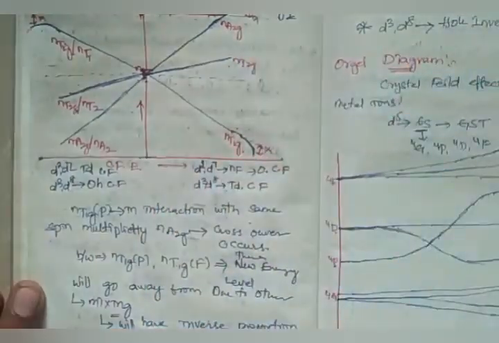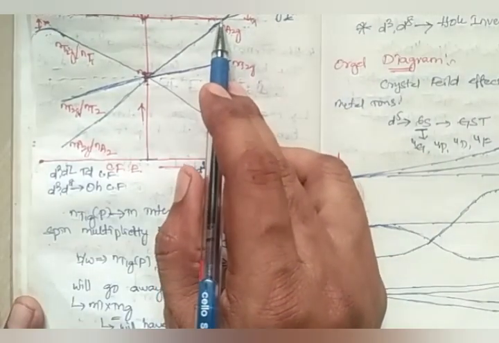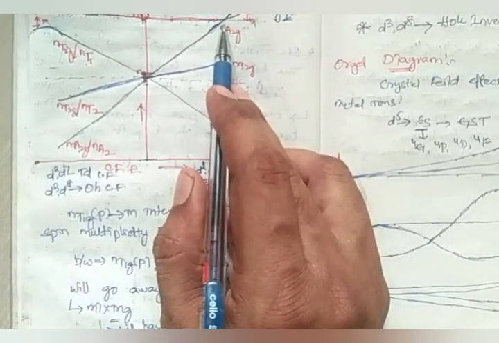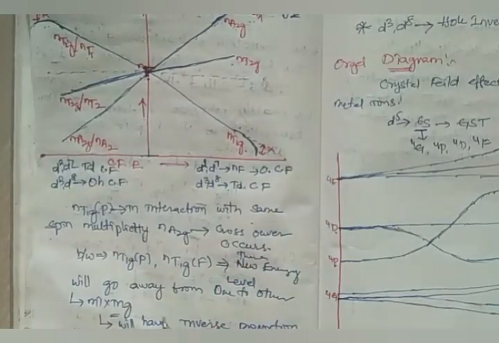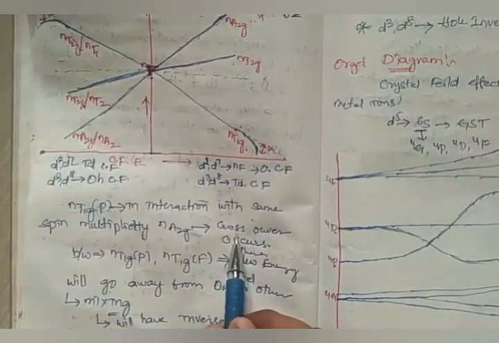This crossing of one state by another is called the crossover phenomenon.